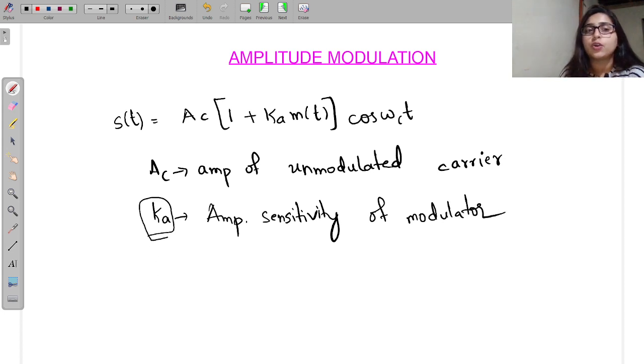This Ka is required for the generation of the amplitude modulated wave. We will see how it generates s of t, the amplitude modulated wave.